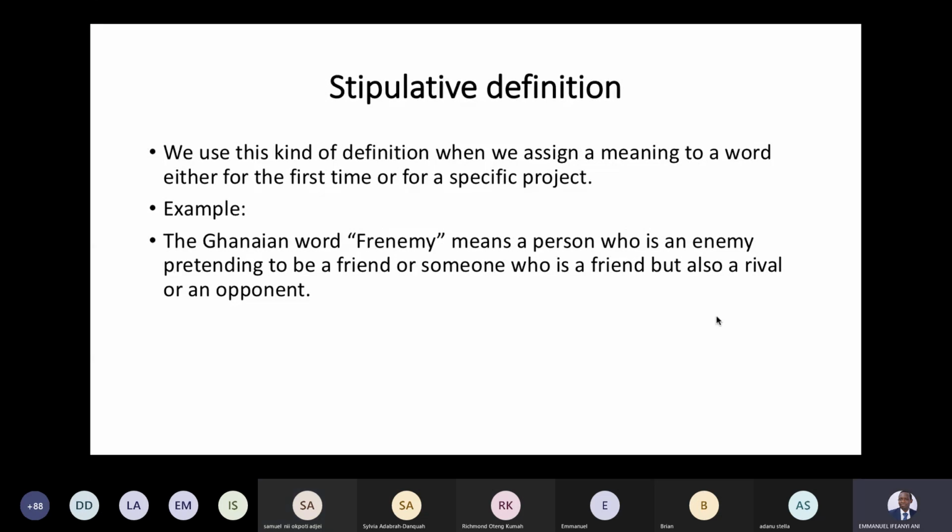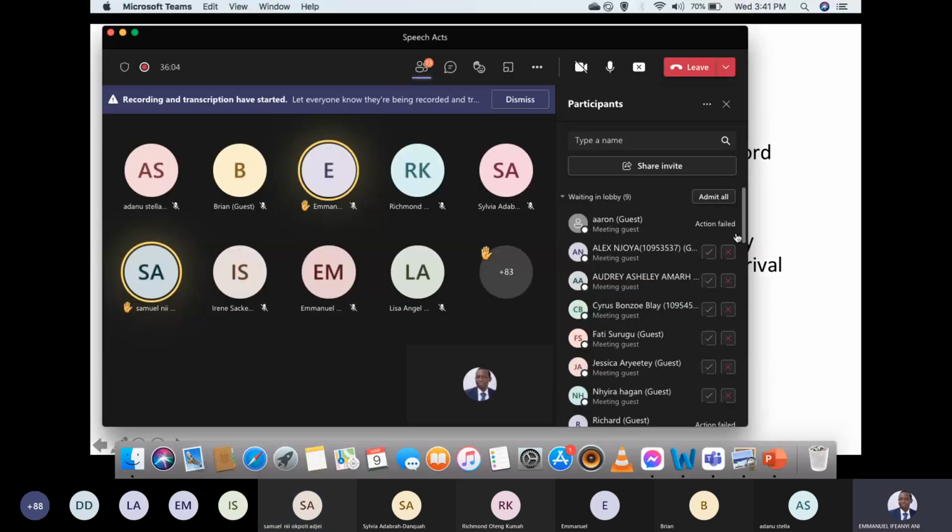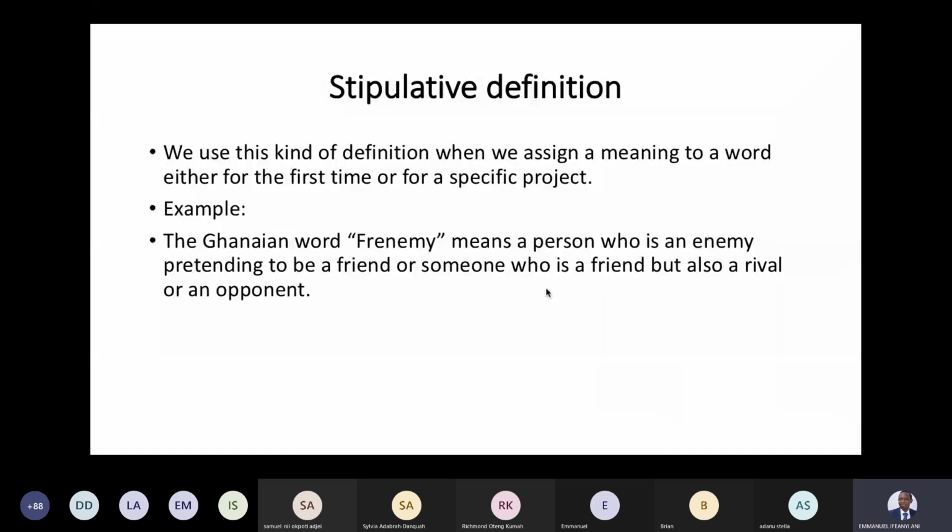Then we have stipulative definition. We use stipulative definitions when we assign a meaning to a word, either for the first time or for a specific project.